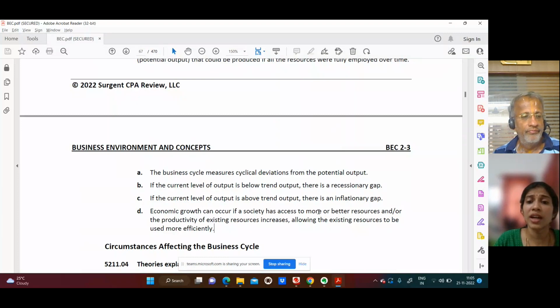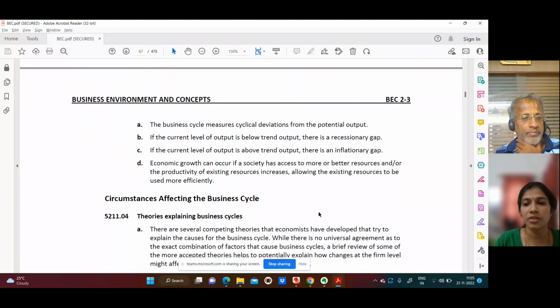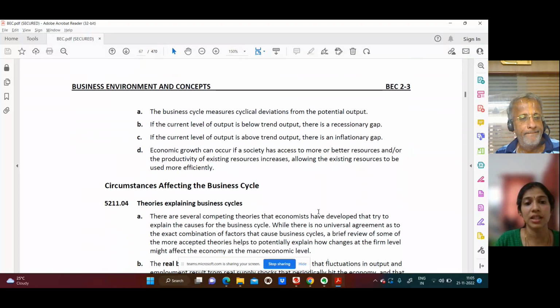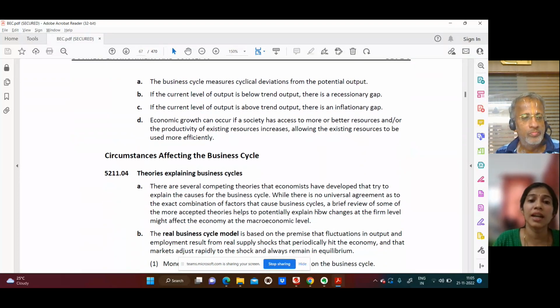Okay. So now that we've learned the different phases of a business, we have to understand what the theories are which explain how these business cycles happen. We are saying that expansion happens, then there is a peak, then there is a fall.